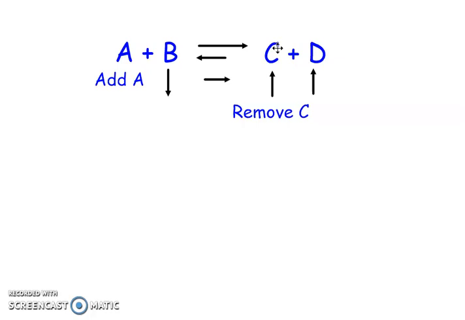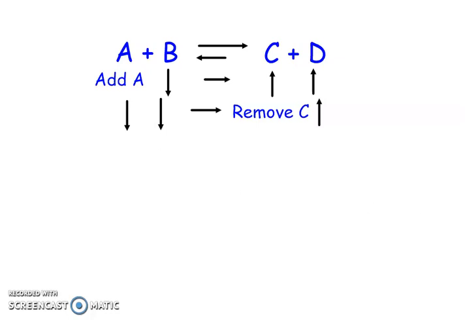So I'm producing the products faster than I'm using them up. So my products are increasing. Once again, my reactants are being used up faster than I'm producing them, so my reactants are going to decrease, which again is a shift to the right.